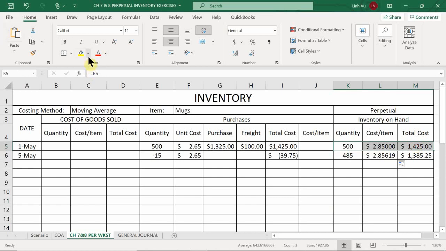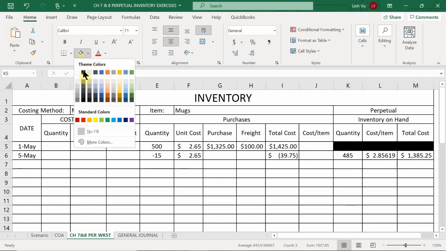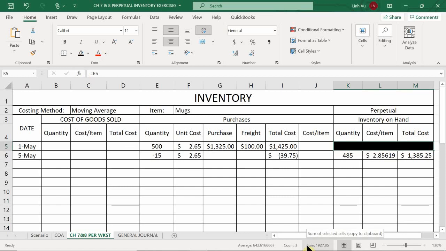So if you remember how we do this, since I'm using cell referencing, I'm going to just block this off. So now I only have 485 units left at a total cost of $1,385.25 with an average cost per item of $2.85619. Is everyone good so far?